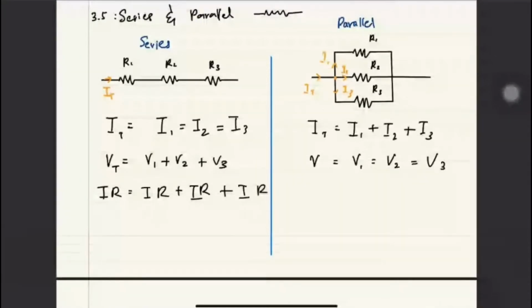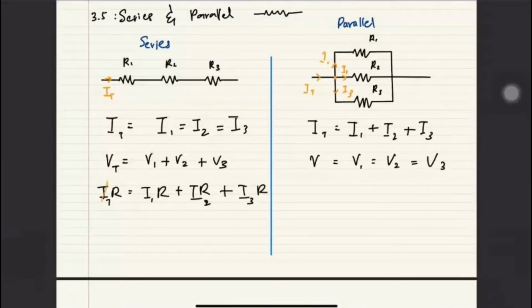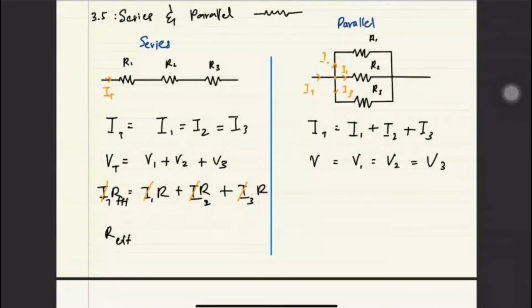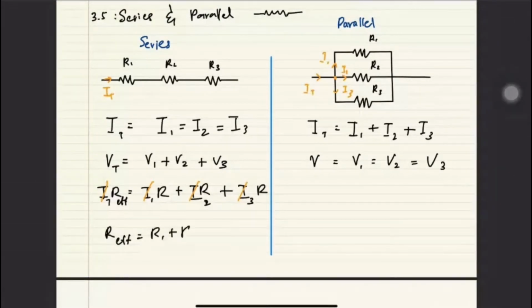But since the I is the same, I can cancel it out, so I'm left with R. So for series, to calculate the effective resistance, it should be R1 plus R2 plus R3.